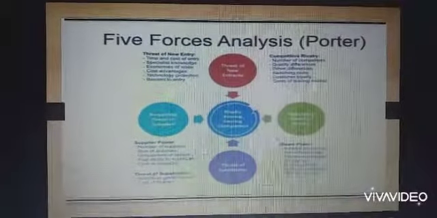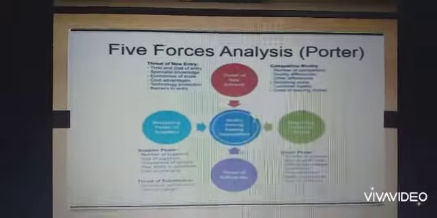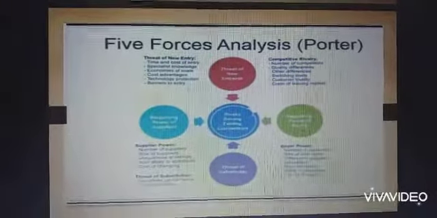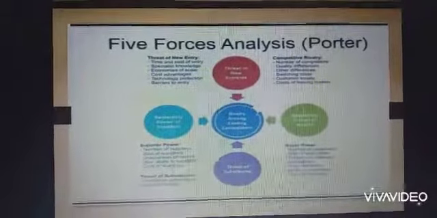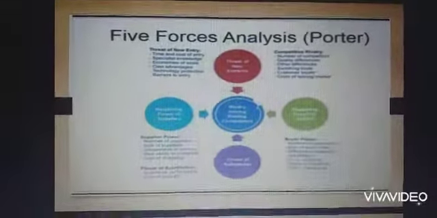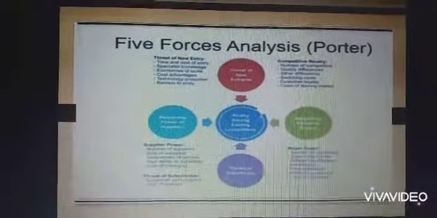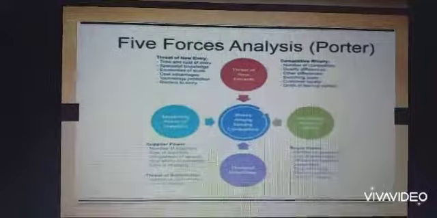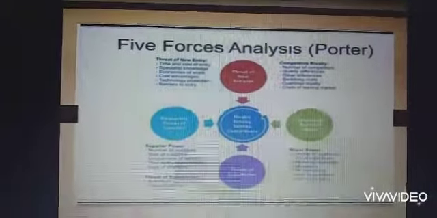Five force analysis. Threat of new entry: time and cost of entry, specialist knowledge, economies of scale, cost advantages, technology protection, barriers to entry. Supplier power: number of suppliers, size of suppliers, cost of changing. Threat of substitute includes substitute performance, cost of change.